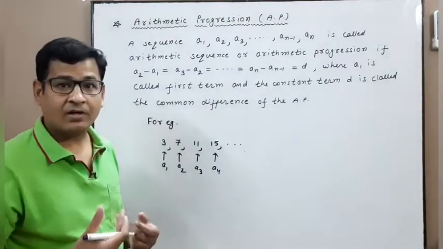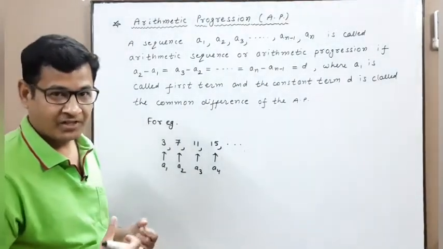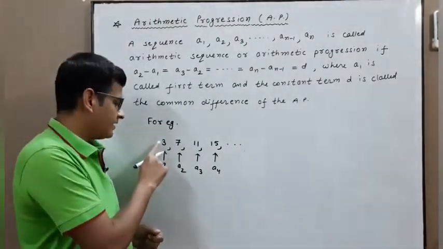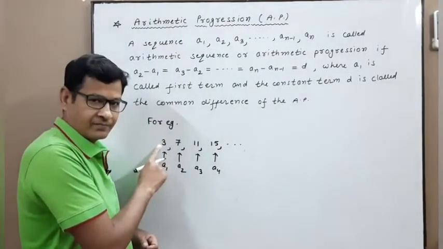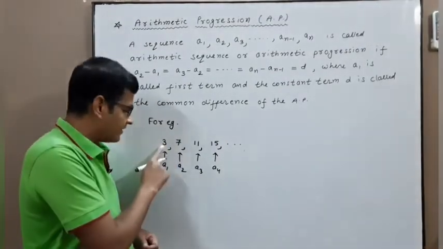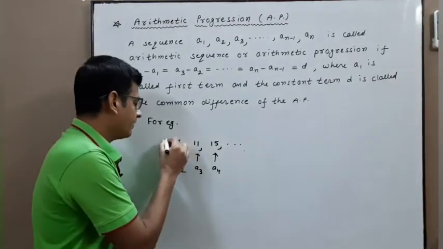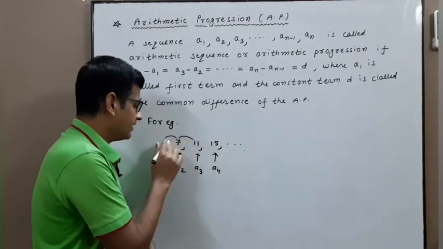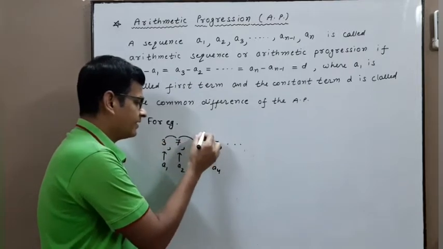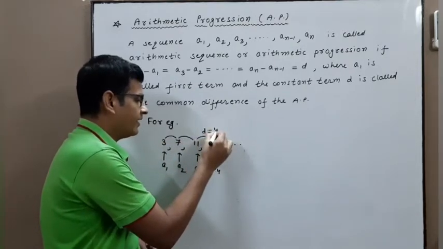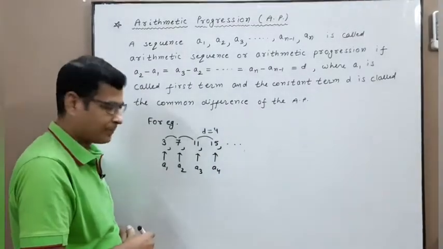Such sequence is called arithmetic progression. We can also say if we add common difference to the first term, then we get the next term. First term is 3 and common difference is 4. This minus this, minus this, is called common difference. In this sequence common difference is 4.